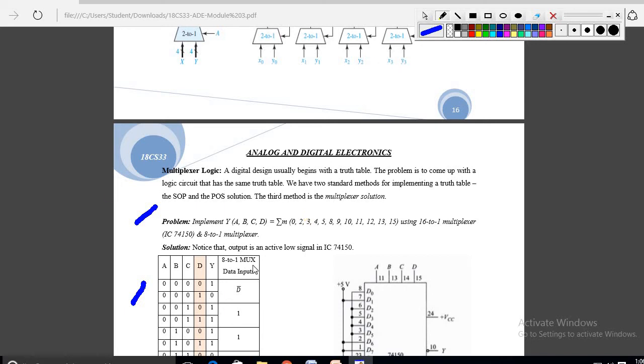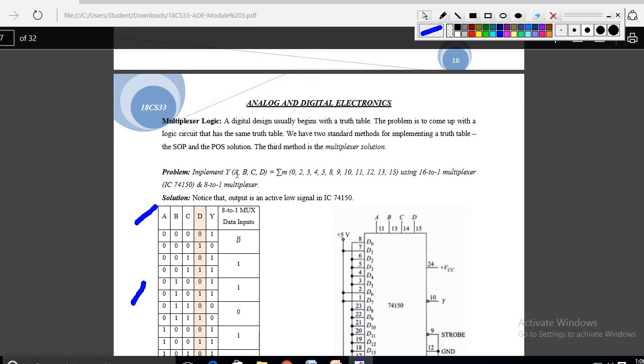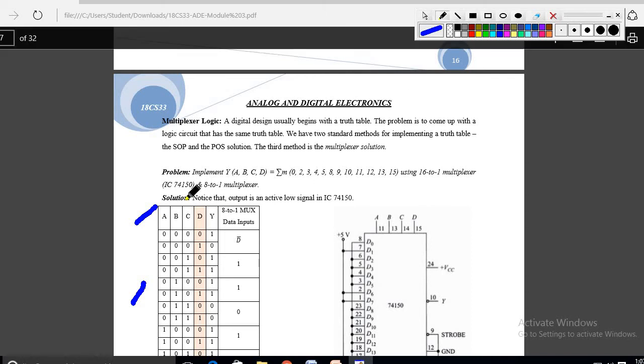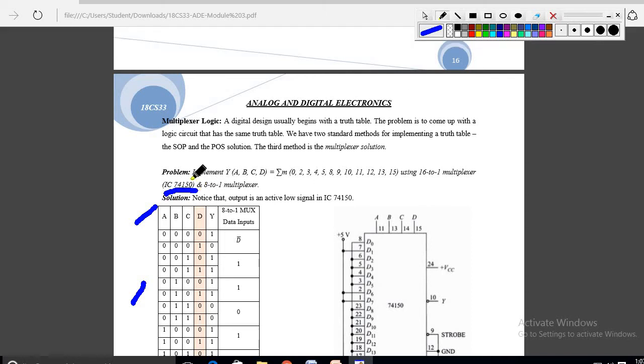See here one example. Implement Y as a function of A, B, C, D, given by the min terms, using a 16:1 multiplexer with IC 74150 and 8:1 multiplexers. I will explain this while doing the lab experiments.